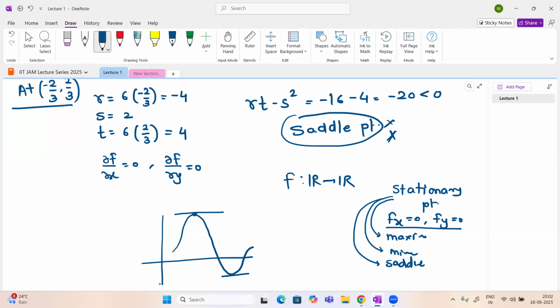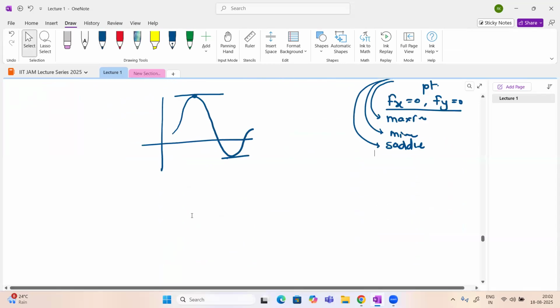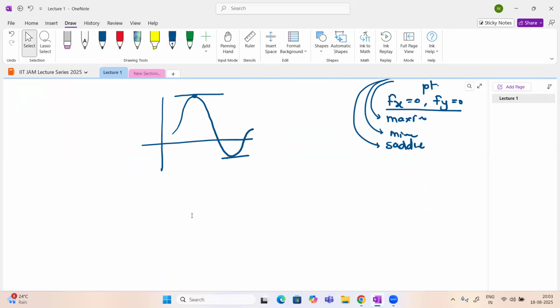Okay, sir. What is the geometrical meaning of double partial derivative? Geometrical meaning. That means you wish to visualize those things, right? Yes, sir. But after a certain point, you cannot visualize this thing.